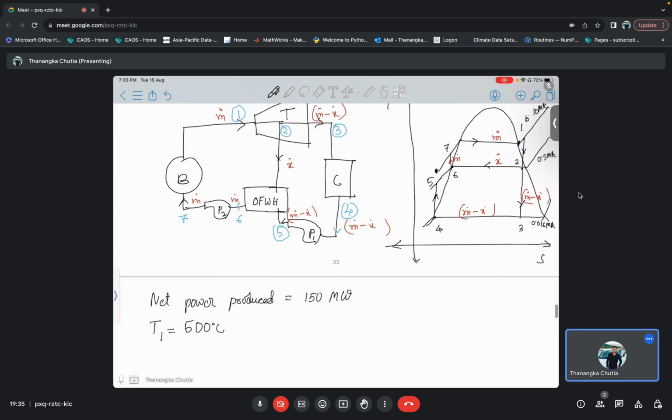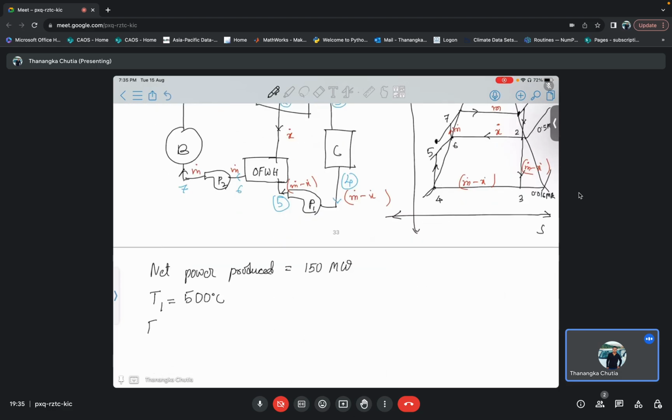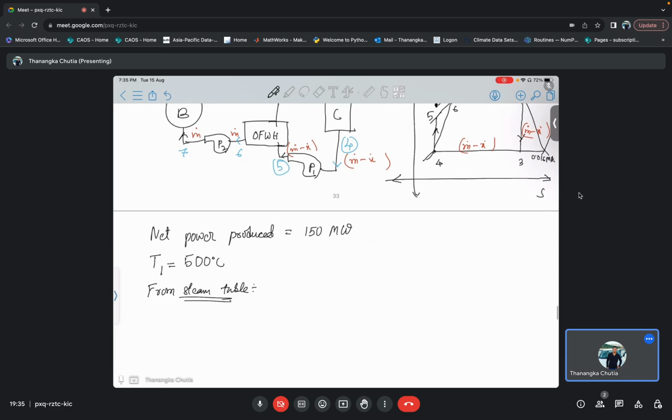So now from steam table, at 500 degrees Celsius and 10 megapascal, H is equal to 3375.1 kilojoule per kg, and S is equal to 6.5995 kilojoule per kg Kelvin.